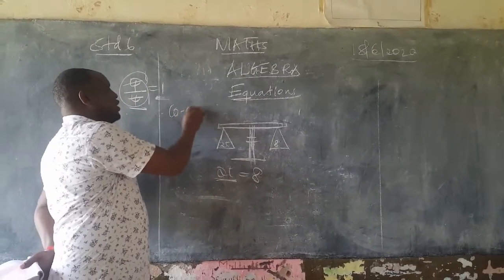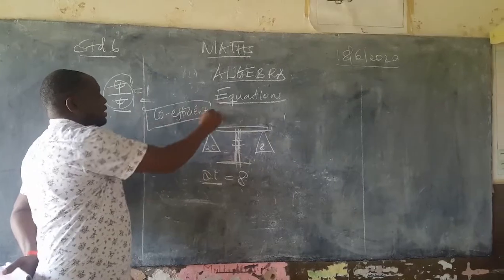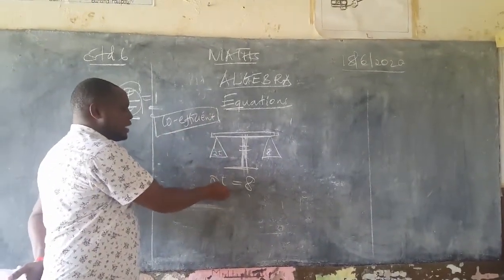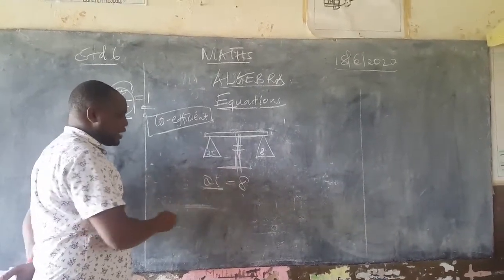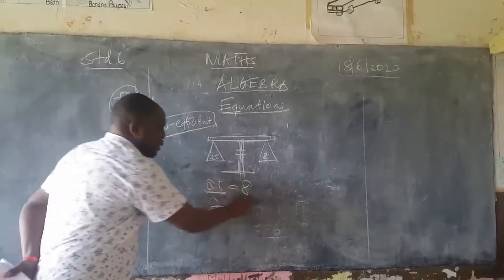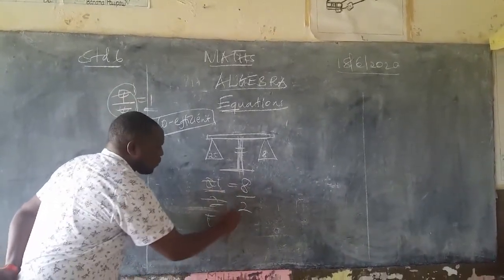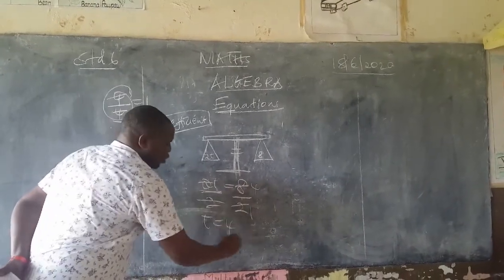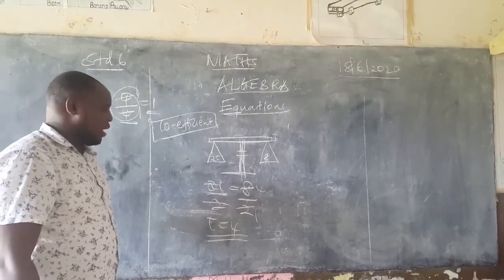We call it the coefficient, though it's not a term that we're supposed to use in class 6, but just for general knowledge. So the coefficient of t is 2. So t is going to be 8 divided by 2, which is 4. So our t in this case is 4.